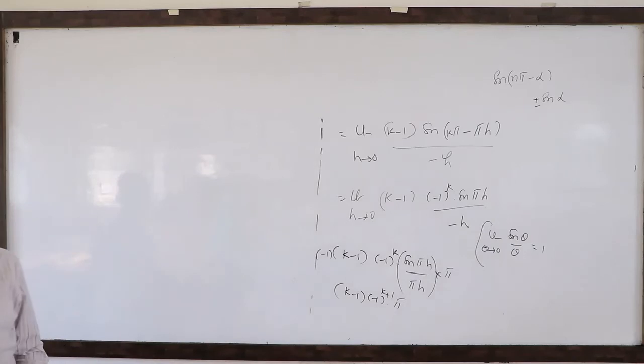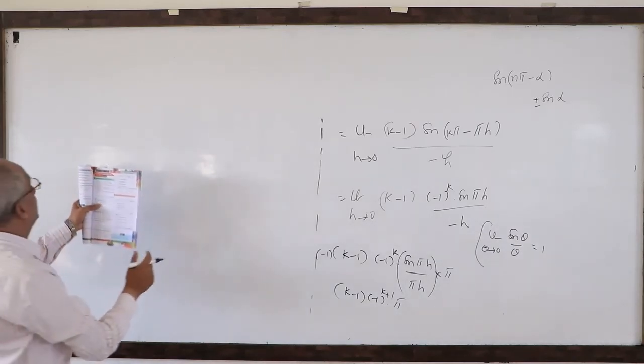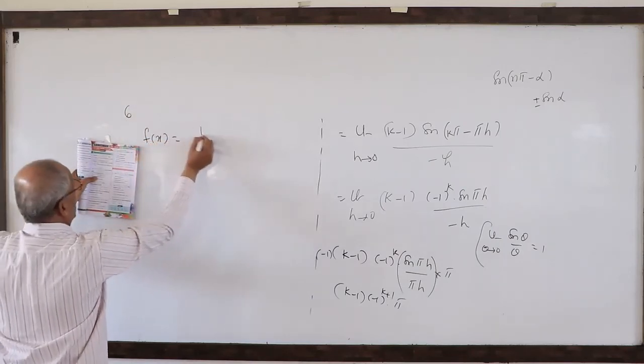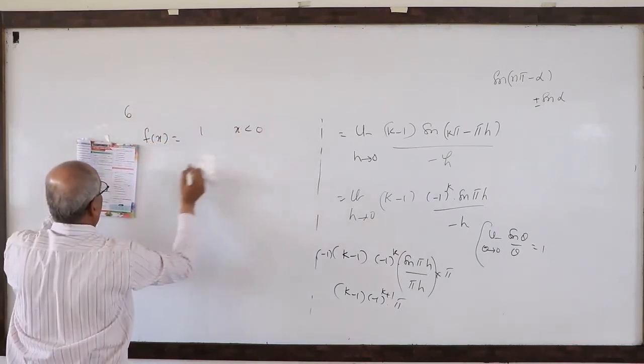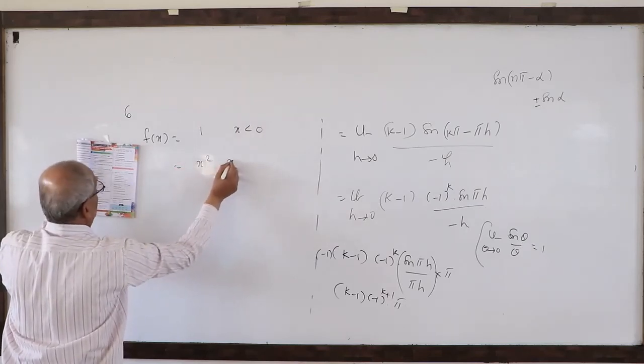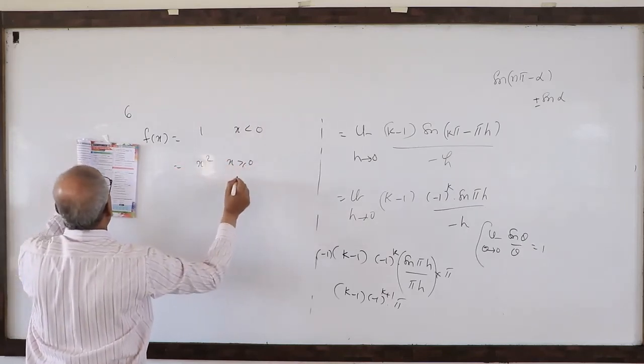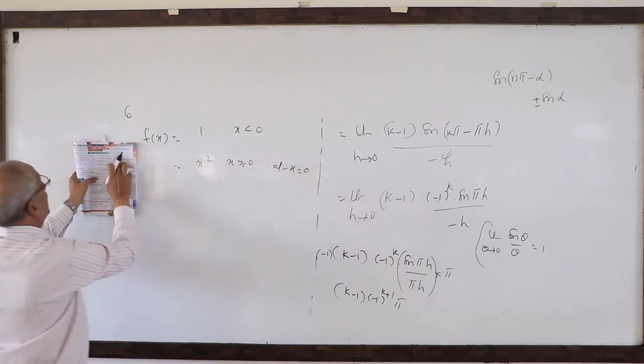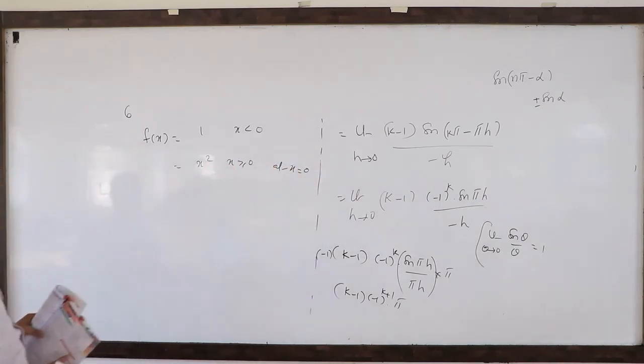Now see, one more different problem. Sixth, f(x) is equal to 1 when x is negative, x square when it is positive. At 0 he is asking continuous or differentiable like that. What is the graph if you consider first of all?